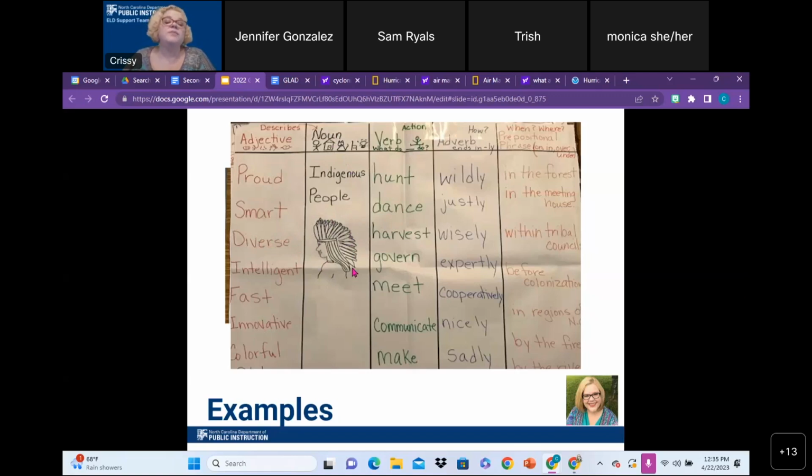And then also sometimes there is a sketch for the noun that is chosen for the chart, and in this case, Indigenous people. So that's a good example of the process and the creation of the sentence patterning chart.